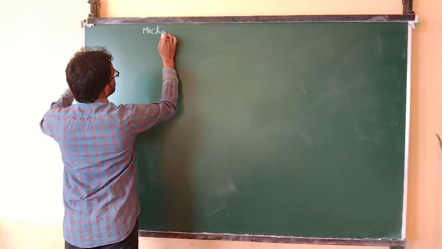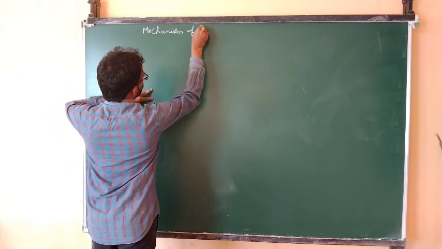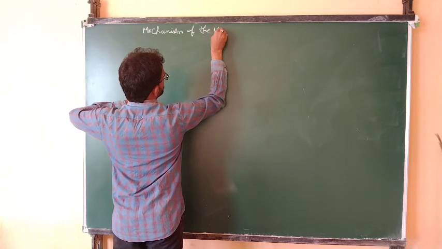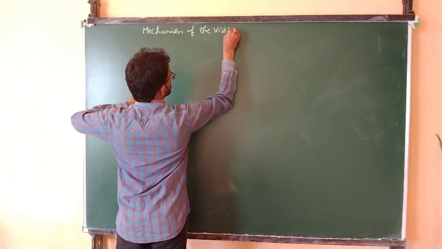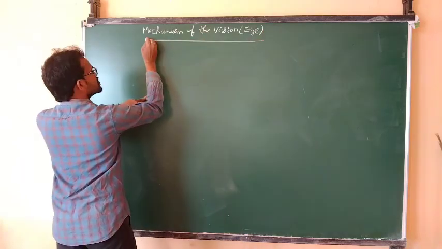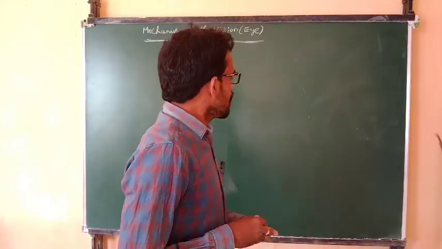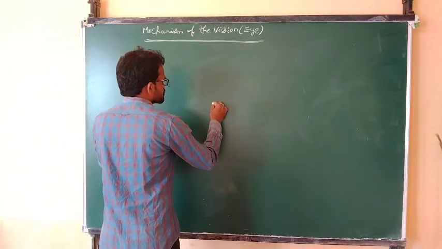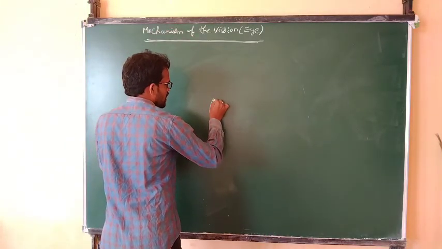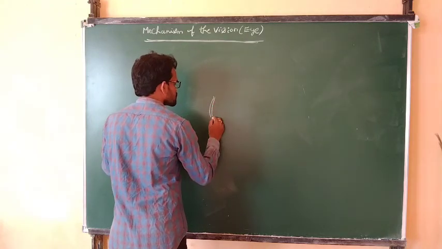Mechanism of the vision. Mechanism of the eye vision. Mechanism of the eye vision. Mechanism of the eye vision. You can observe eyes. You can observe eyes. You can observe eyes.